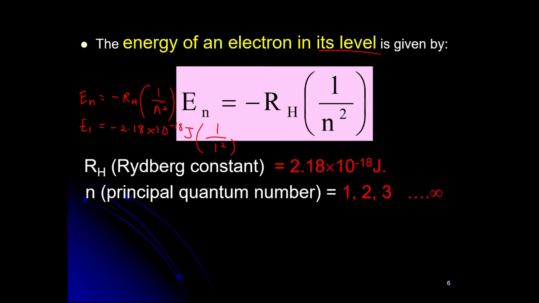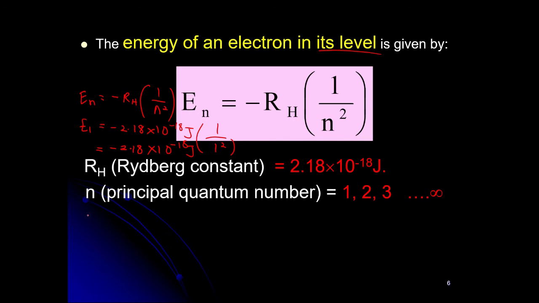Since 1 squared equals 1, its energy has the same value as the Rydberg constant. This is the energy of an electron at principal quantum number n equal to 1.